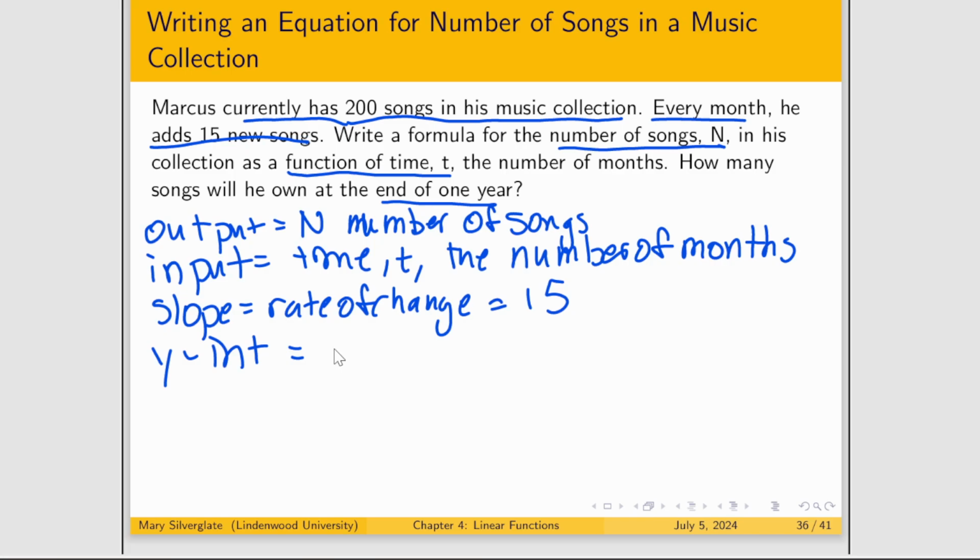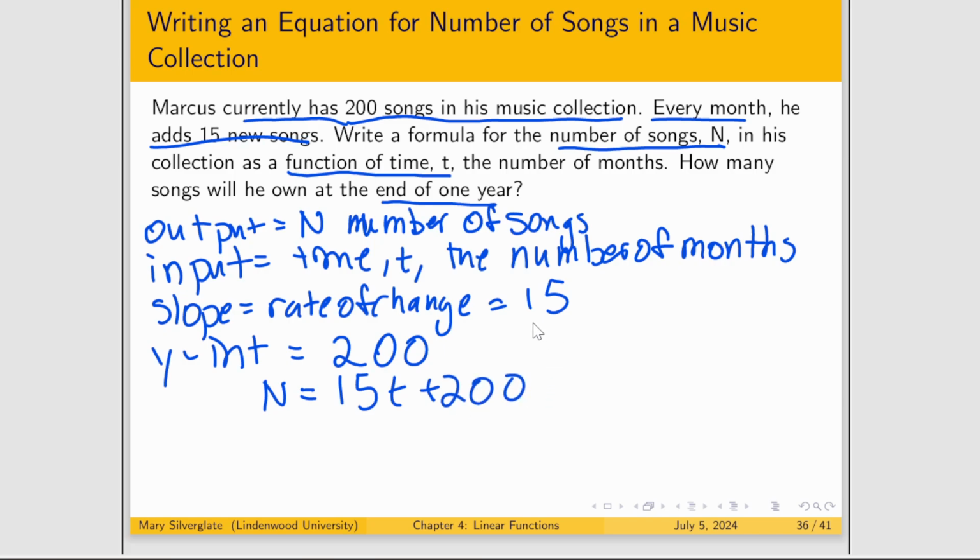Our y-intercept is going to be our starting point. That would be how many songs I had before any more time has passed. Was that already given to us? It was. Marcus started off with 200 songs. So writing the equation, our output, the number of songs, is equal to 15 times the number of months plus 200.